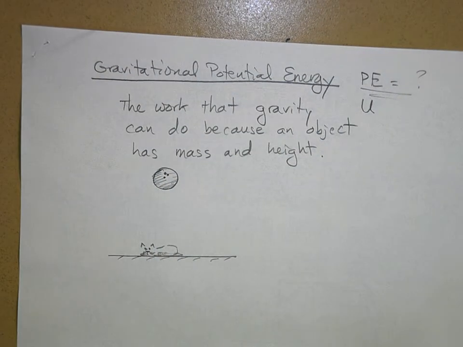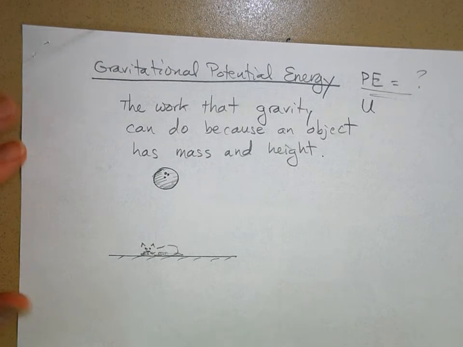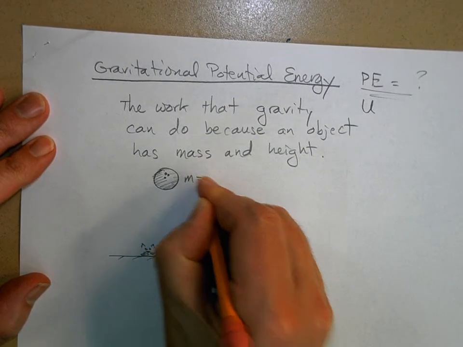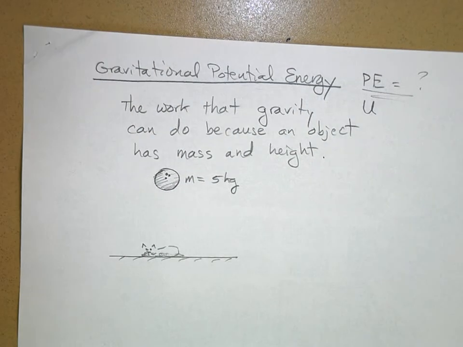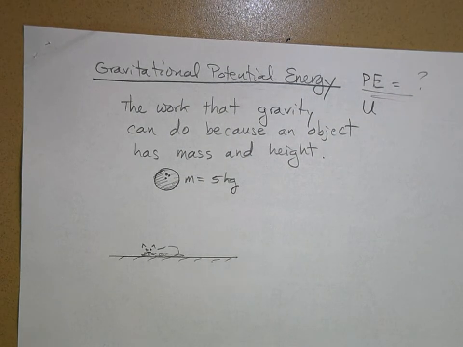All right. Now, would you agree that this bowling ball, which has mass, let's say it has a mass of 5 kilograms, a medium-sized bowling ball, actually, if I'm holding it over this cat, can it change the cat? Yes.